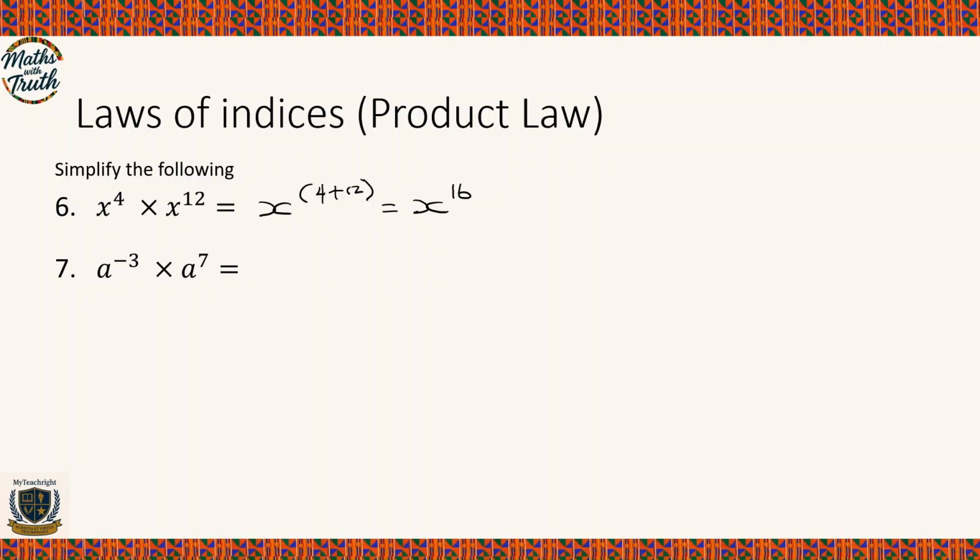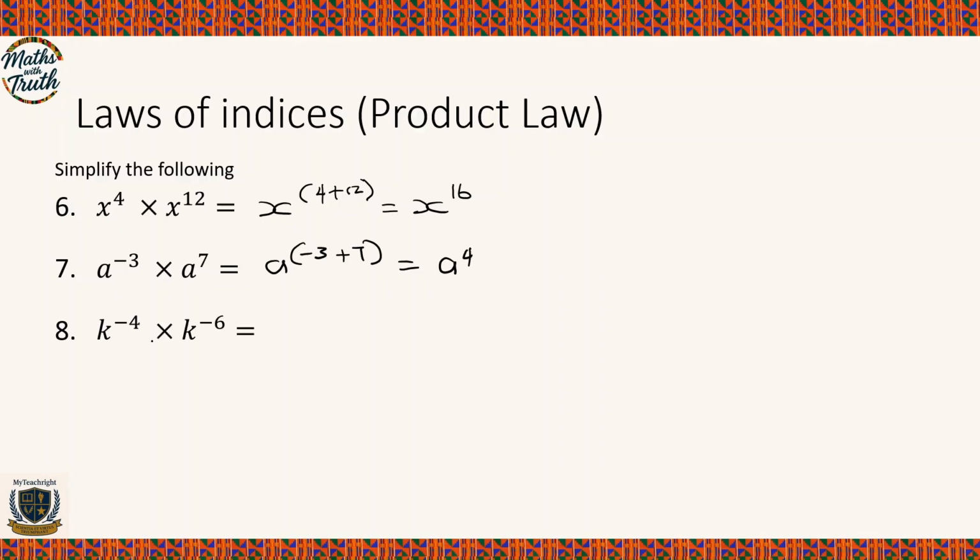We will deal with that in later episodes. For now, just treat them like any exponent. So you have a exponent negative 3 times a exponent 7, and that will be a exponent -3 plus 7.